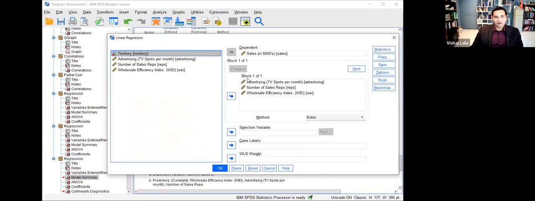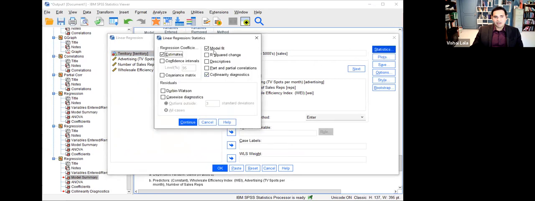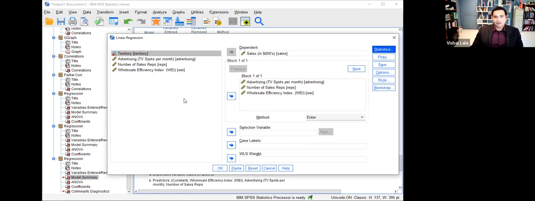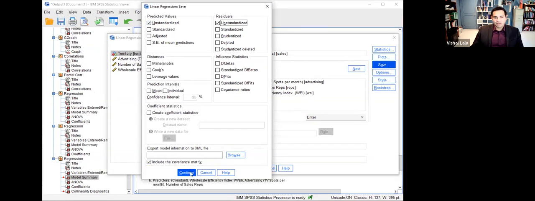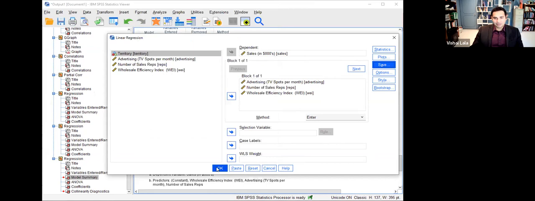We already have our independent variables in here and our dependent variable. We also have the collinearity diagnostics checkbox checked. What we're going to do differently now is click on the Save button, which will give us the unstandardized predicted values and unstandardized residuals. Having checked those two boxes, we can now rerun the analysis.